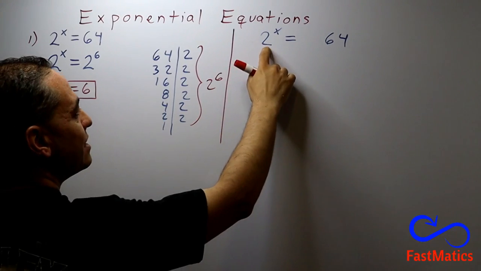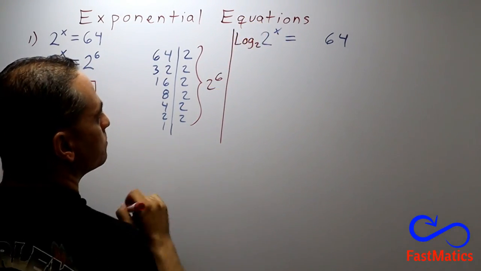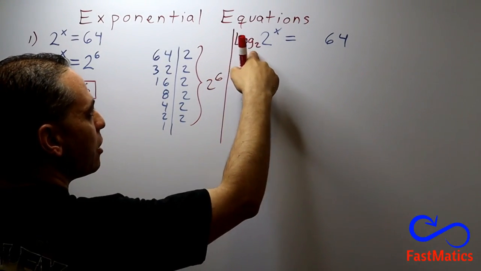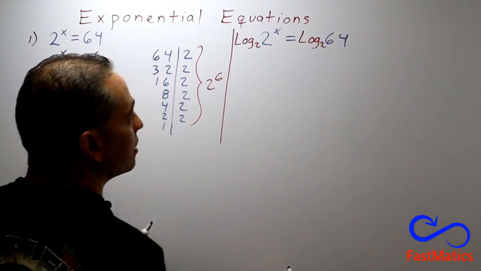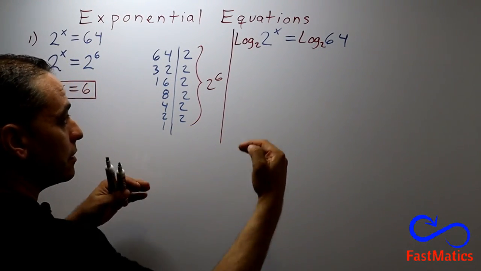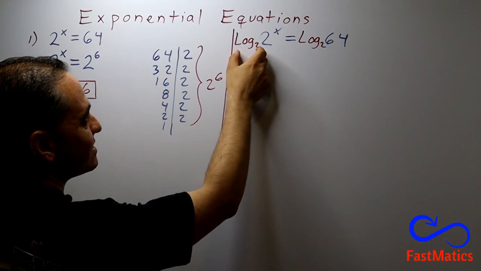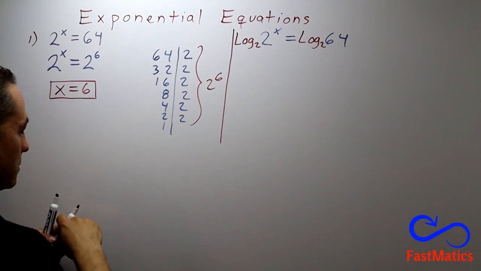So in order to eliminate a 2, we need a logarithm base 2. But if we put log base 2 here, we are going to put log base 2 here. An equation will always have the same operation on the left side and on the right side.